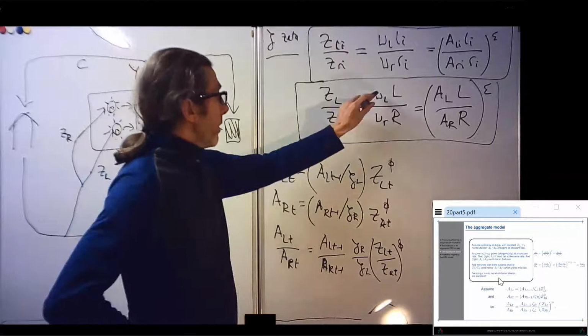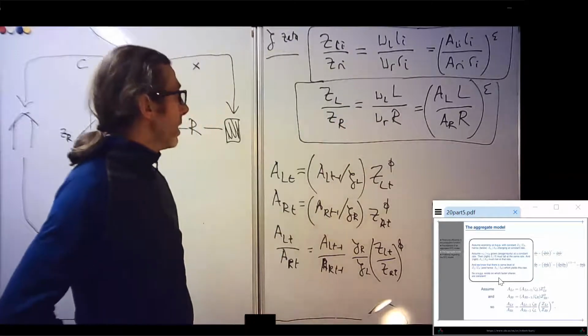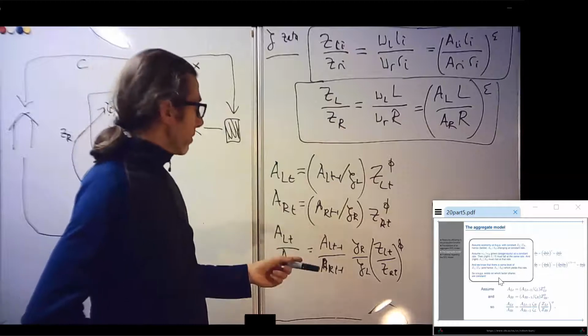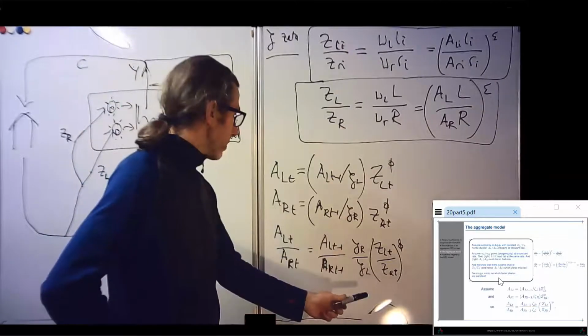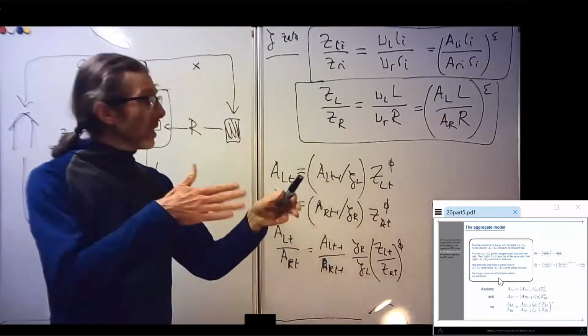If we assume that that is happening exogenously, we can also show that that is consistent with a balanced growth path of the economy.